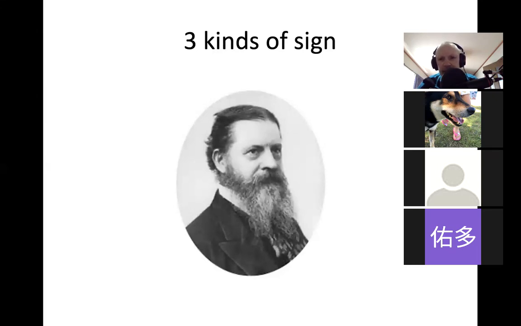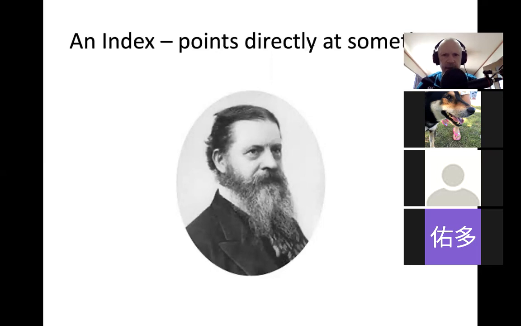He claimed there are three kinds of sign, and he developed ideas about threes, which makes it easy to remember. Even if you don't agree with it, it's easy to remember these threes. He gets this theory of threes going. Let's check it out.